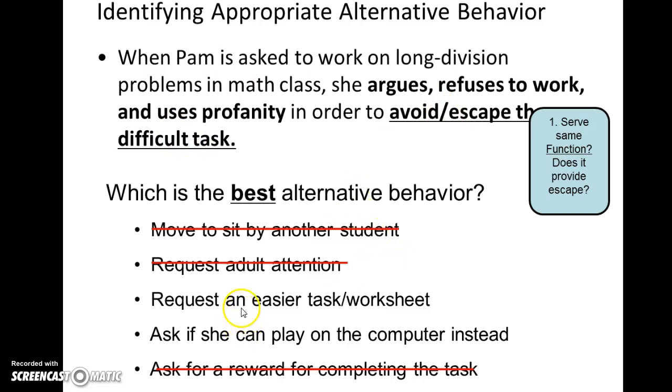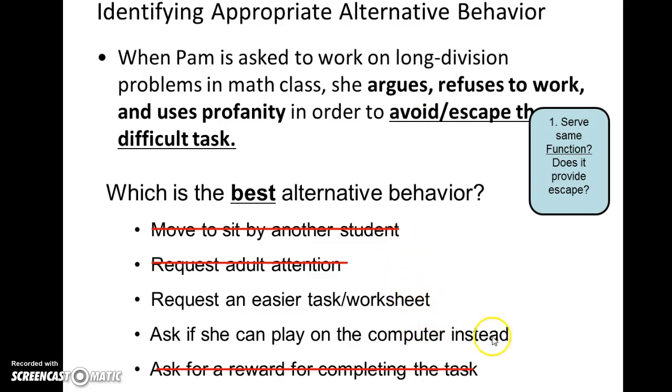Request an easier task or worksheet, or ask if you can play on the computer instead. Alright, so both of them are able to avoid the task, what they're trying to do. Now, if you asked if she can play on the computer instead, yes, it's easier to do, and yes, it will be meeting that function, but is it socially appropriate?